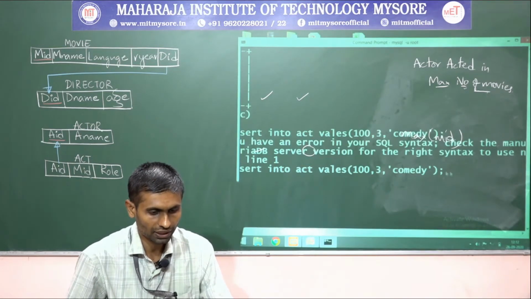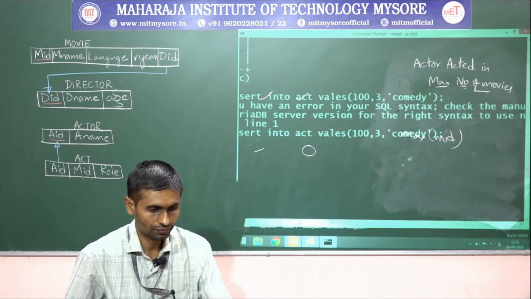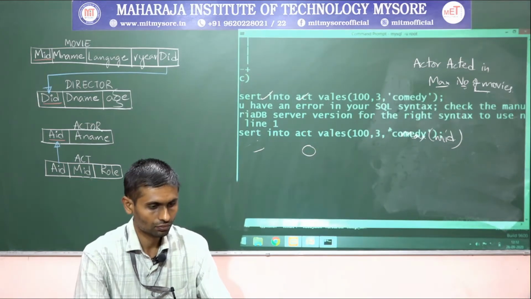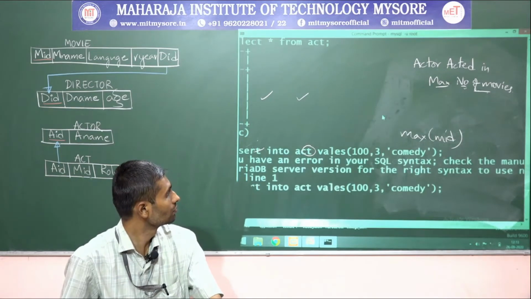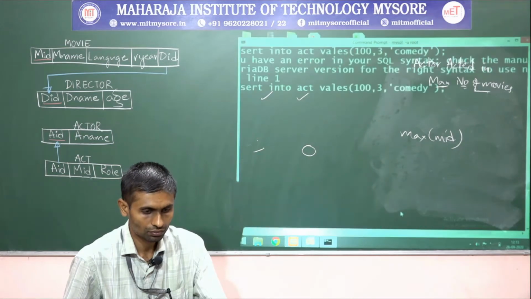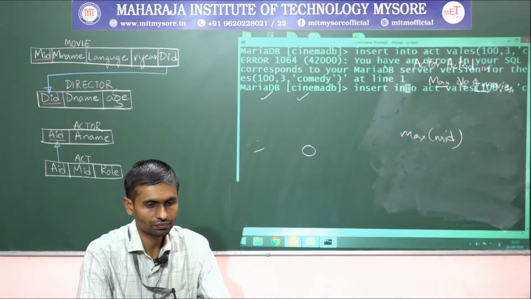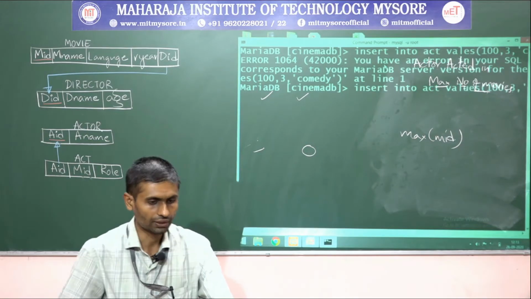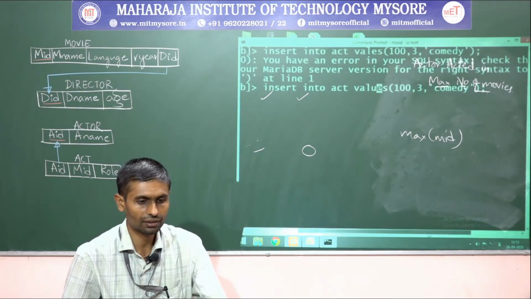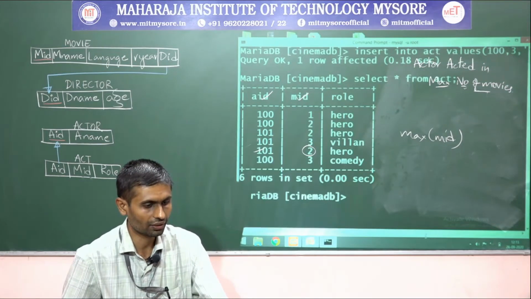The problem is with respect to the spelling as what we made here. One minute, things hanged. Sorry guys, insert into act values, then 103 comedy have written, yes, query okay. Let me display it: select star from act.